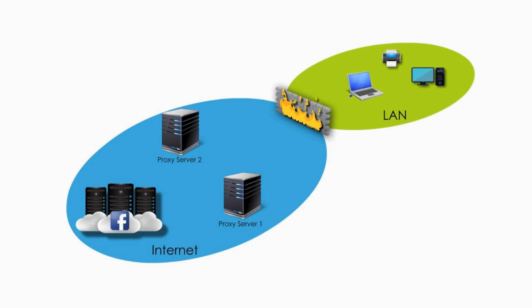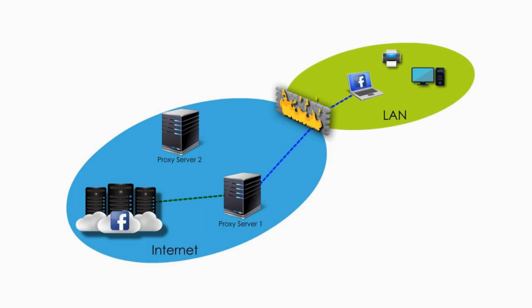This time I do not go to the Facebook site directly. Instead, I log onto my proxy server in my garage and ask my proxy server to get Facebook, and then my proxy server gets the Facebook.